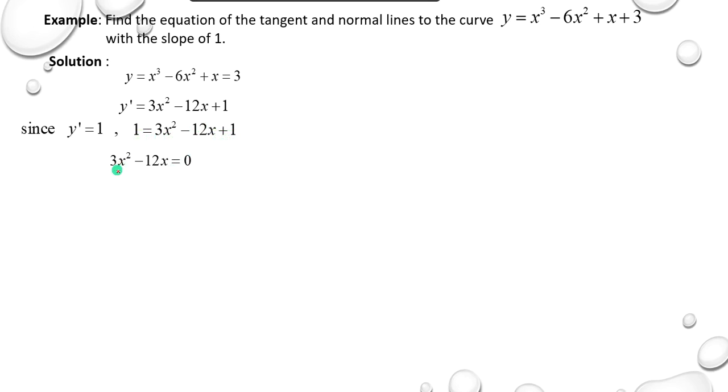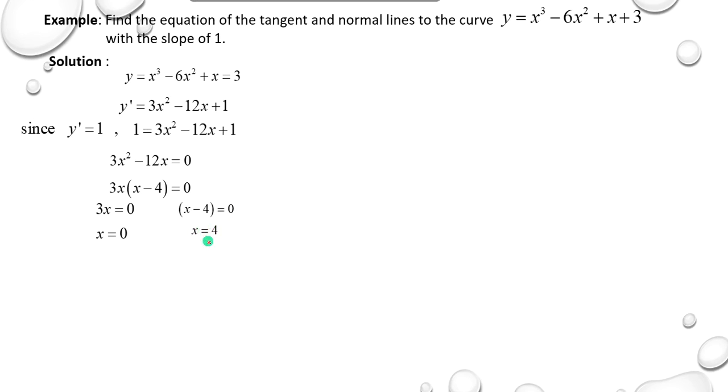We get 3x squared minus 12x equals 0. Now we simplify this to find the value of x. So we have two values of x: x equals 0 and x equals 4.